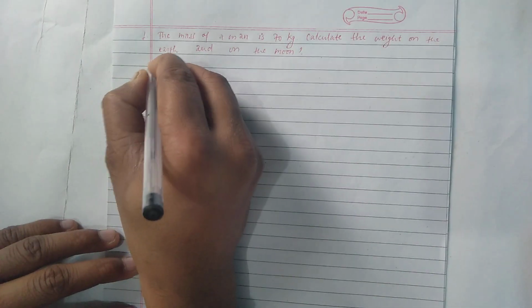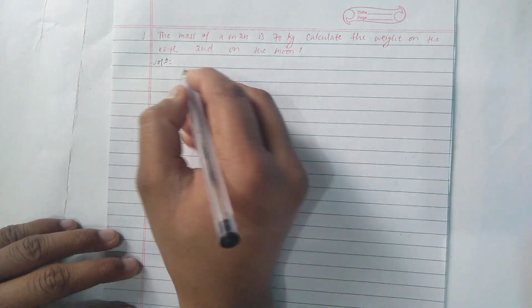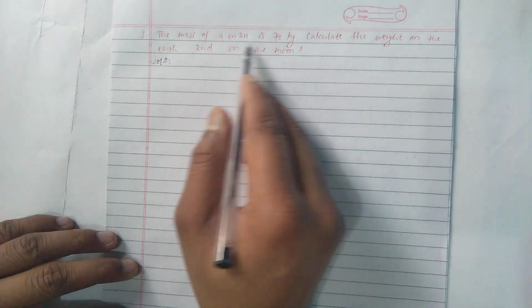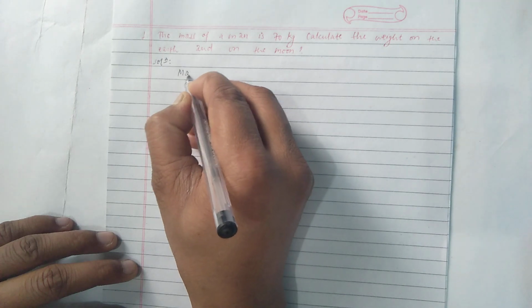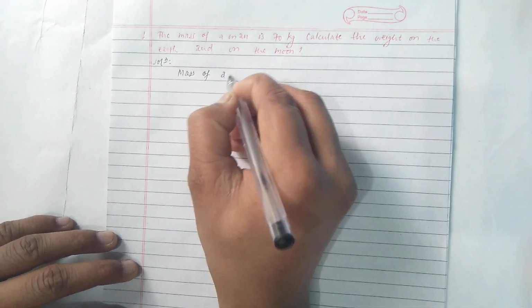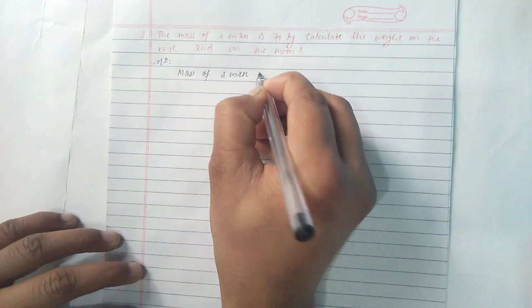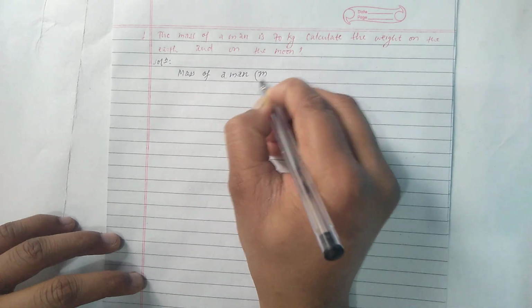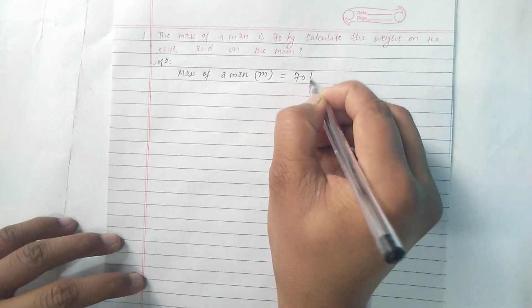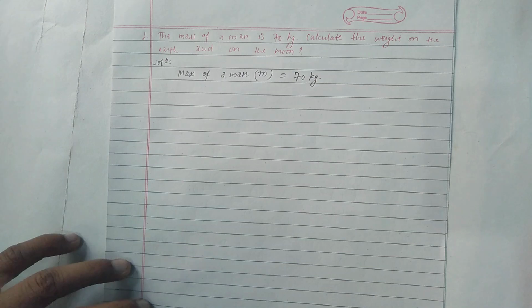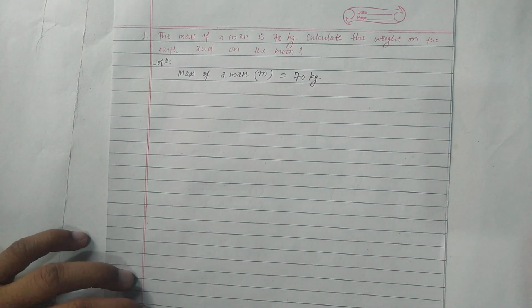First write the solution. We have given the mass of a man, so write down mass of a man, that is m, given over here as 70 kg. Okay, and we have to calculate two things.